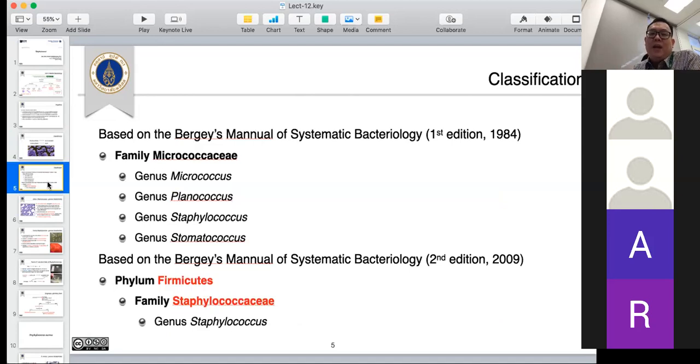For classification of bacteria, we have a society of microbiology that makes agreements on classification and publishes a manual called Bergey's Manual of Systematic Bacteriology. Now we have the second version. The first version grouped Staphylococcus together with other genera in the family Micrococcaceae.